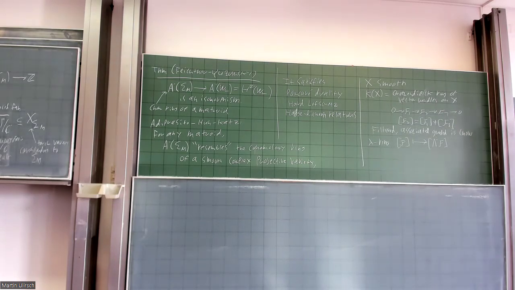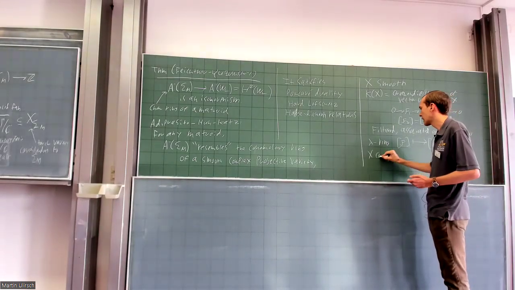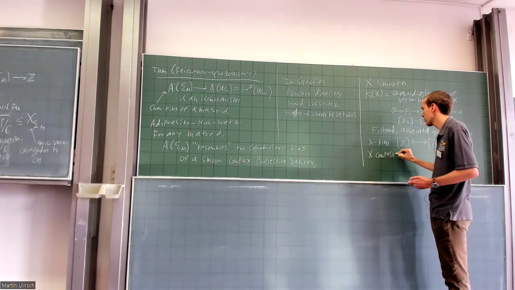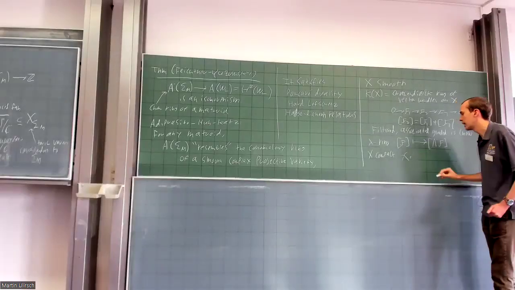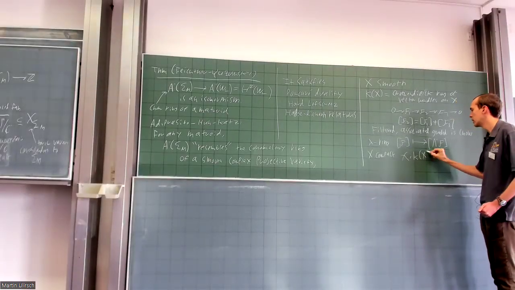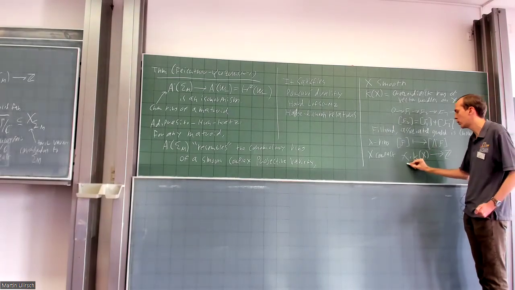Okay. Yes. So algebraic vector bundles. If X is compact, proper, then there's a map chi from the K ring to Z. This is given by the sheaf Euler characteristic.